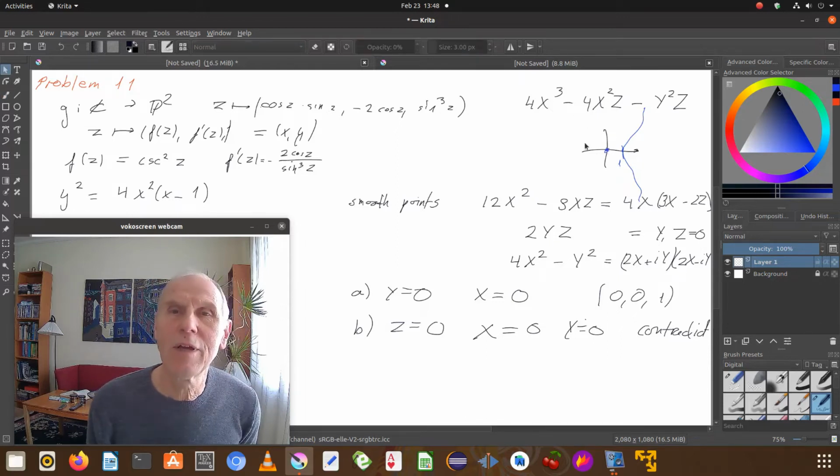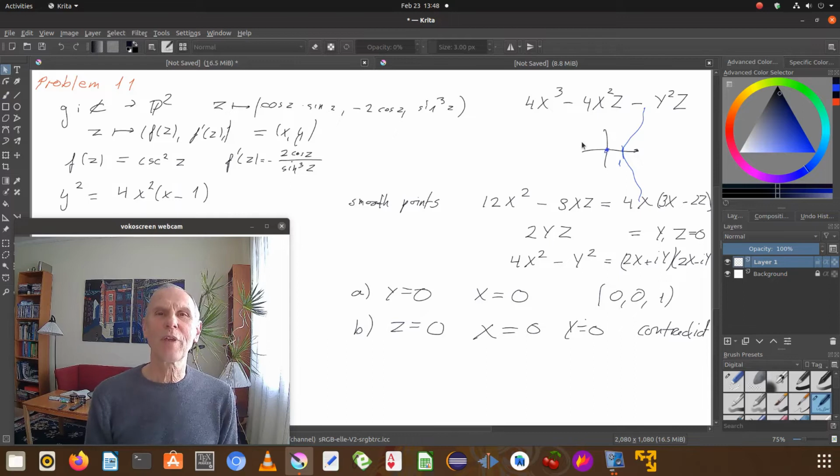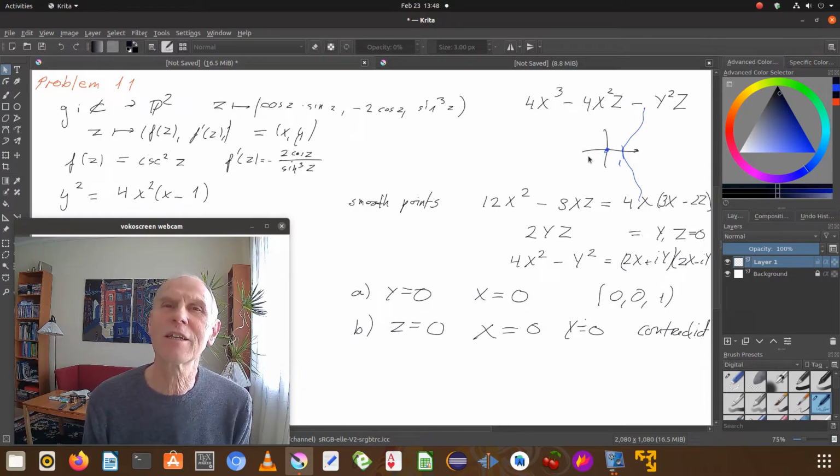After doing all this work, I wondered, why am I so interested in the singular points? And then it dawned upon me, because if we should add a singular point to itself, it would be difficult to find a tangent at the point. At this point, we have two different parts of the curve intersecting.